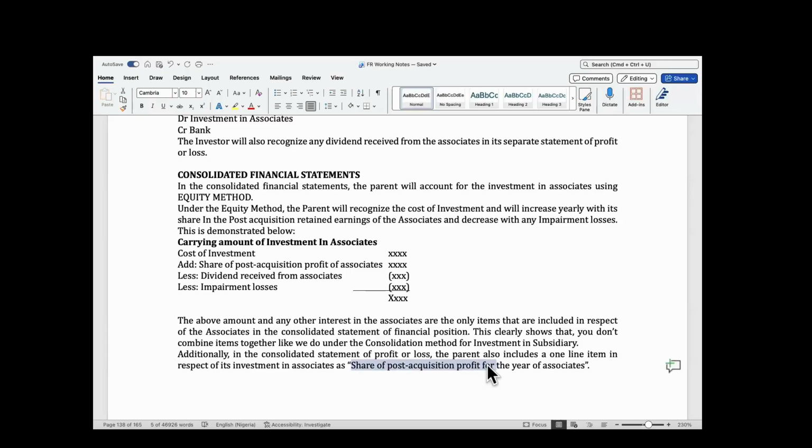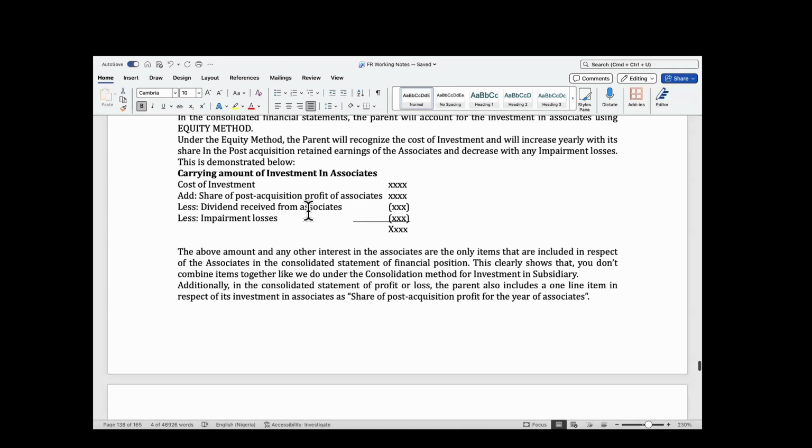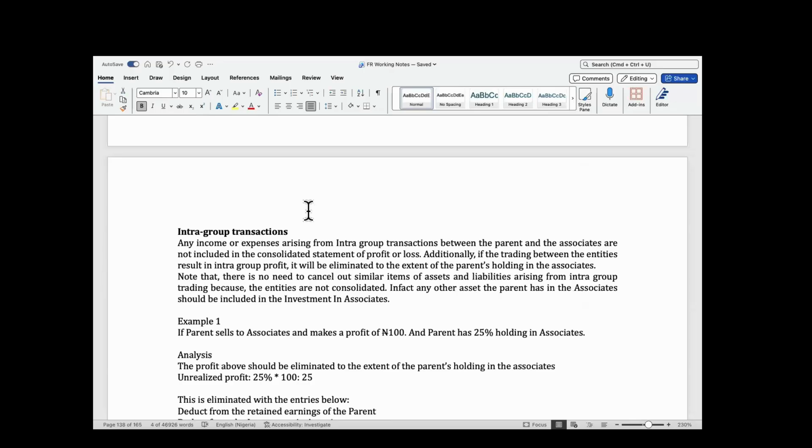You add it to the consolidated profit. And also, in a separate account of the parent, you recognize that investment at cost or at fair value. That's all I've said. And when there are intra-group transactions, you eliminate any profits to the extent of your holding in the associate.